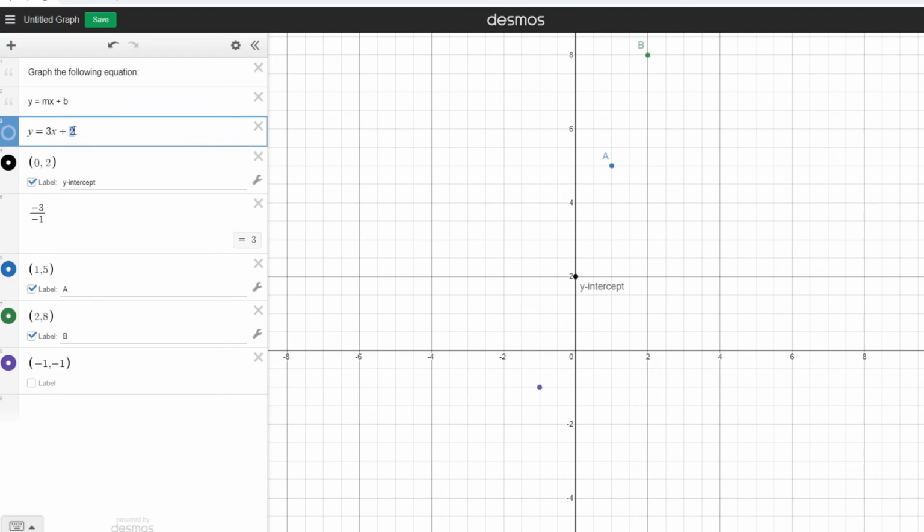Now this 2 over here is kind of like the y-intercept. It helps us find the y-intercept, except it's not totally the y-intercept because 2 is not a coordinate. But it would still be the b in this equation and would help us graph it.